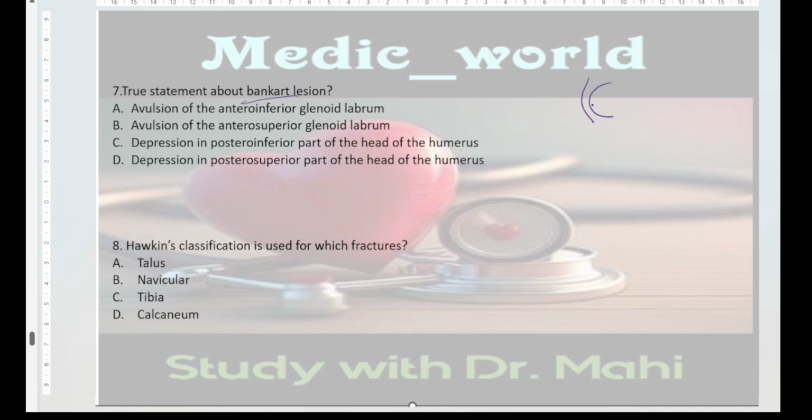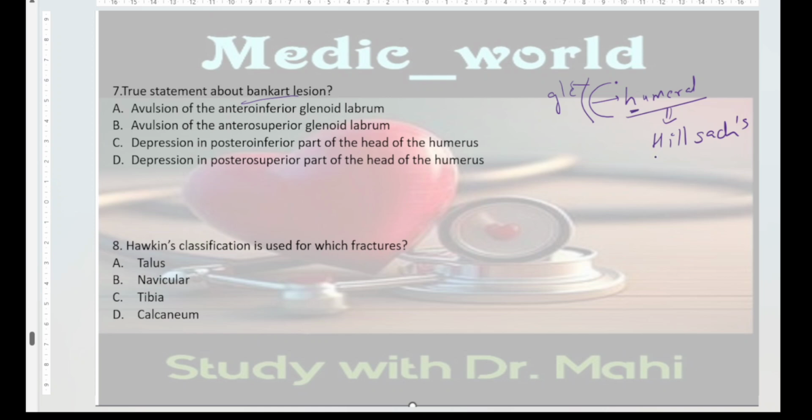In case there is recurrent dislocation of this humeral head from the glenoid labrum, there is injury in the glenoid labrum and also in the humeral head. So the lesion which is formed in the humeral head is known as the Hill-Sachs lesion. We can learn it like this.